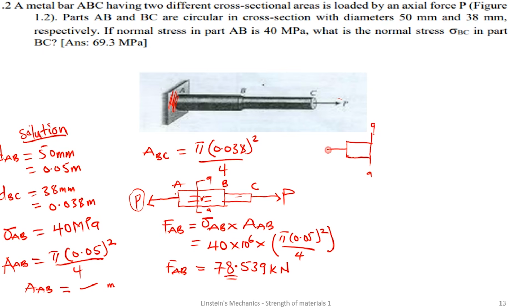And since this force was in the opposite direction to P, the force FAB should also be in this direction. So from the idea of forces, assuming this member is in equilibrium, this force is equal to this. So we can say P is equal to FAB. Yes, we can say that.